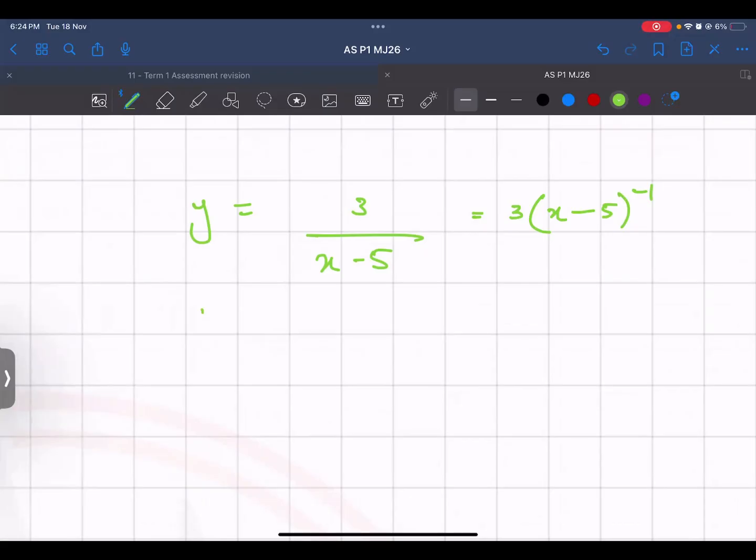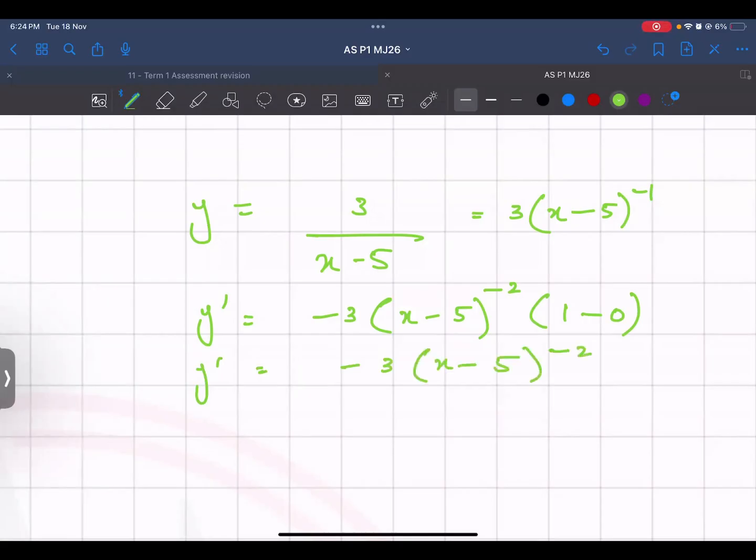Now you can differentiate it. The minus 1 power comes down and multiplies with 3, so this becomes minus 3. The power of x minus 5 reduces by 1, so minus 1 minus 1 is minus 2. And the derivative of x minus 5 is 1 minus 0. So your final answer is minus 3 times x minus 5 power minus 2.